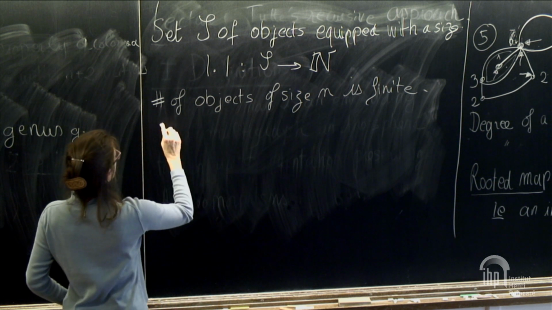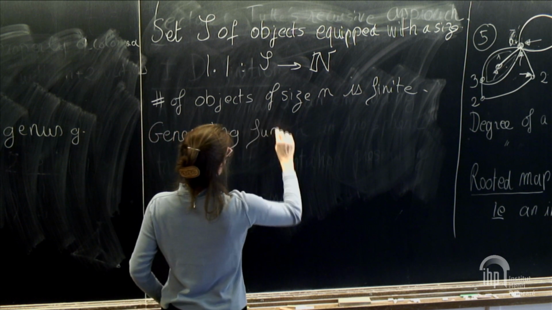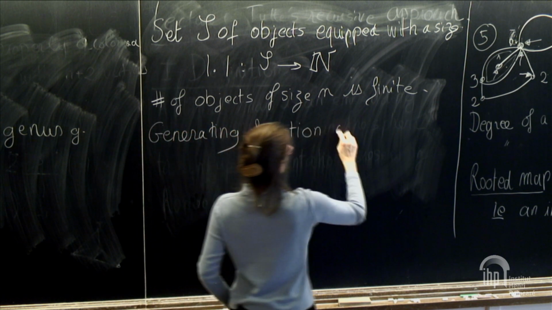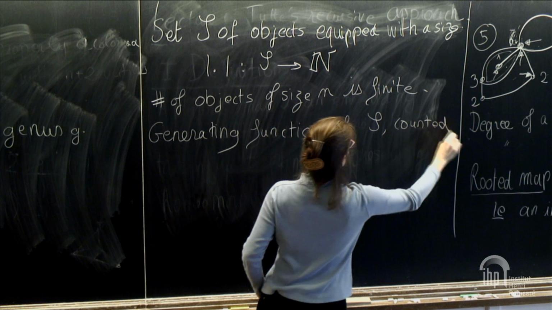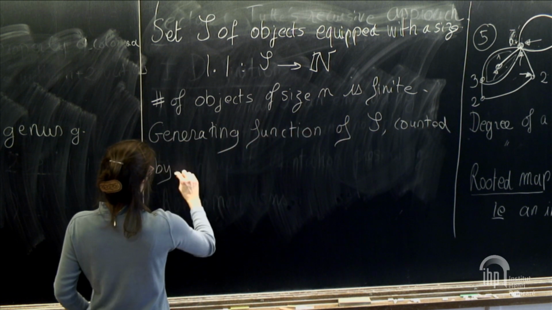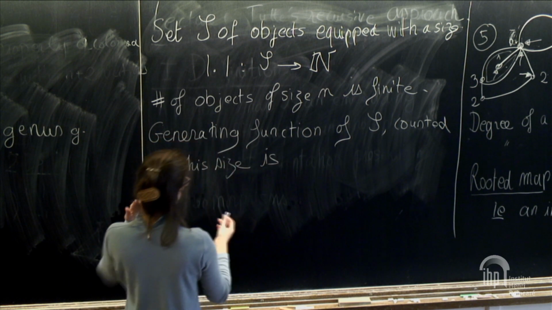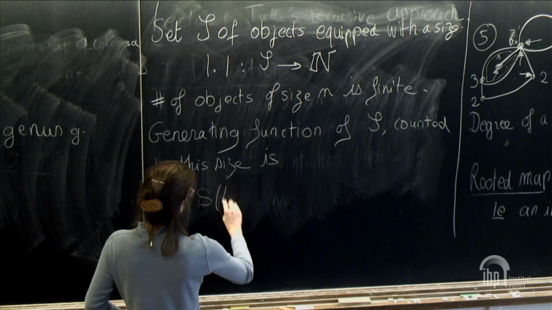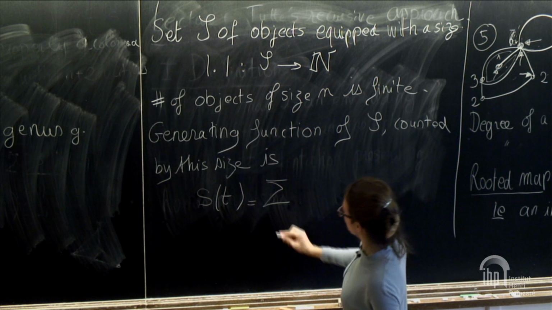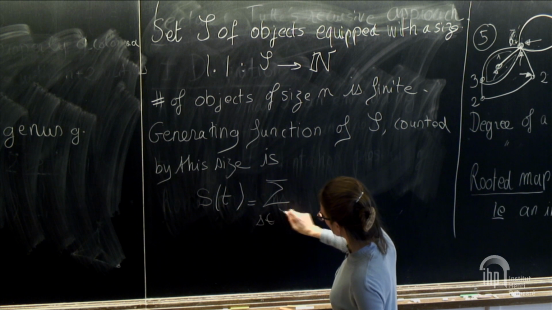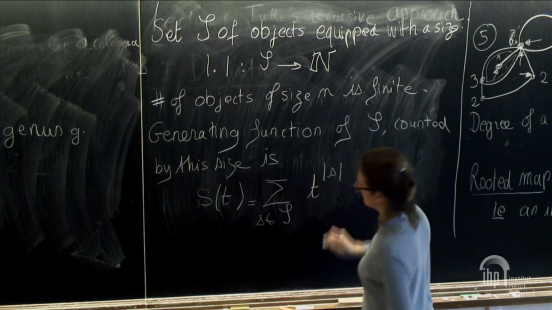Then what we call the generating function of this set S, counted by this size, is a formal power series in some variable t, which is the sum over every object of S of t to the size of the object.